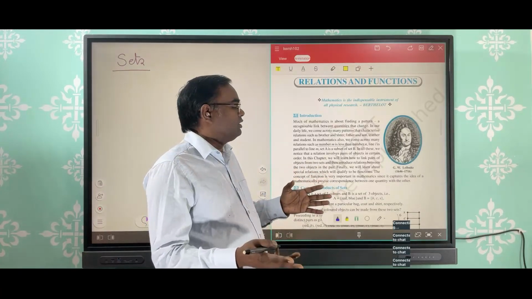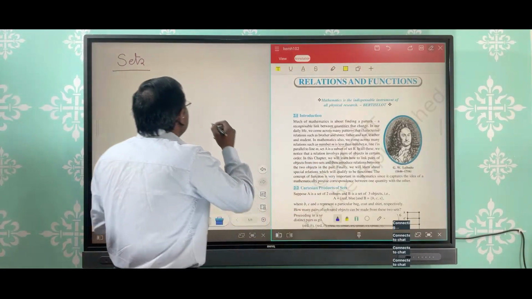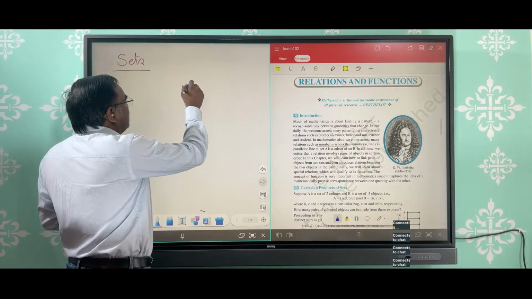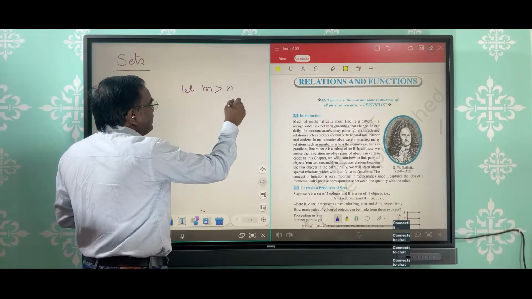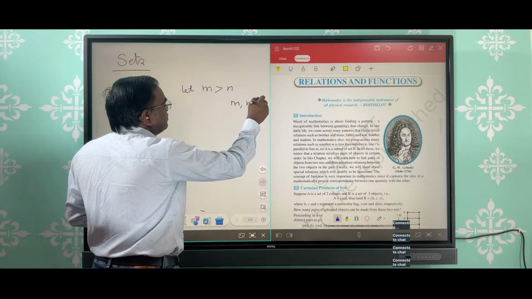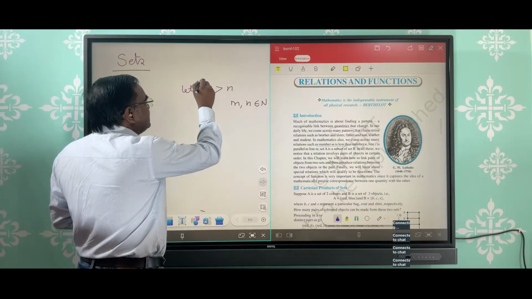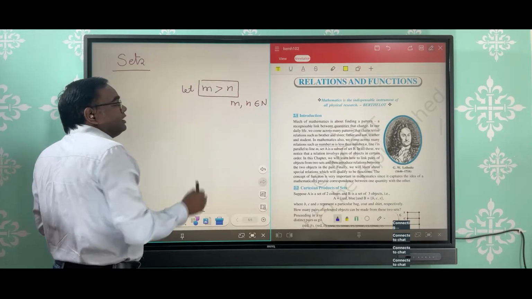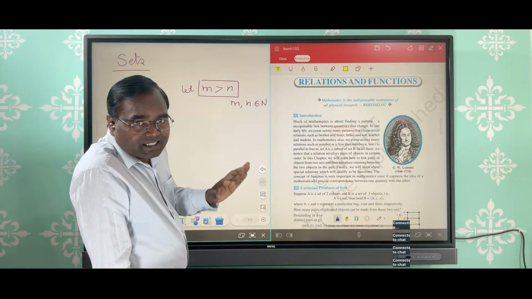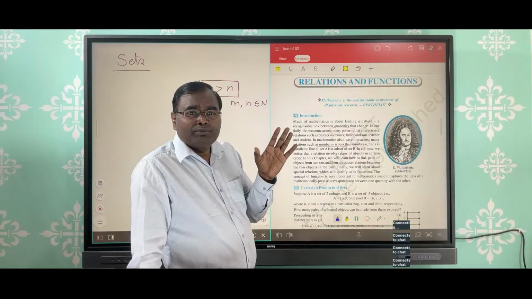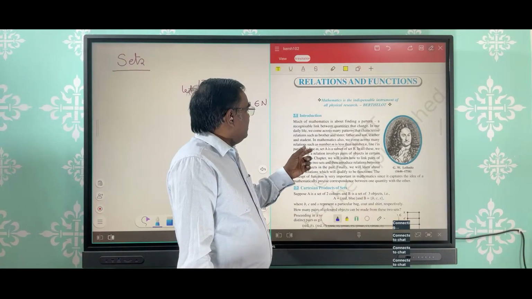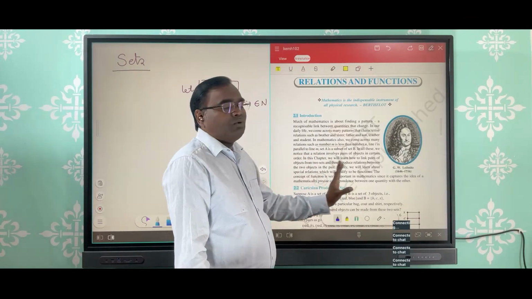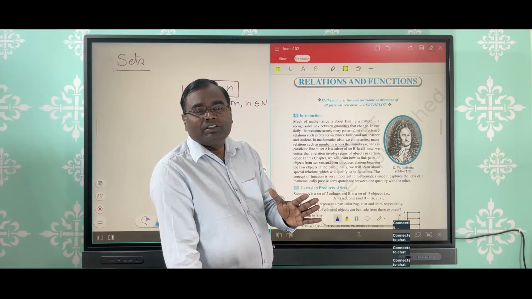For example, let m be greater than n, where m and n both belong to the natural numbers. This is a kind of relation, the greater than relation, the less than relation. That comes from mathematics only, right? Line l is parallel to line m, inclined to each other, and so on.